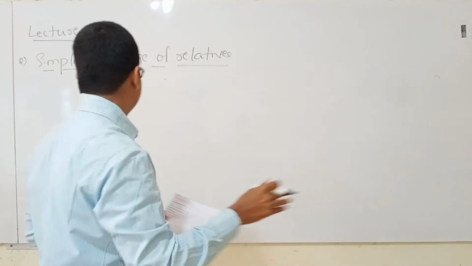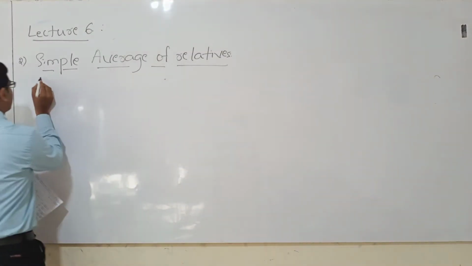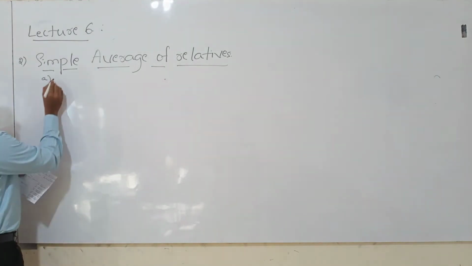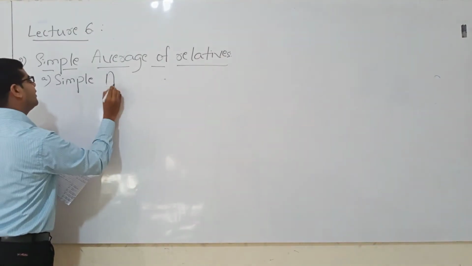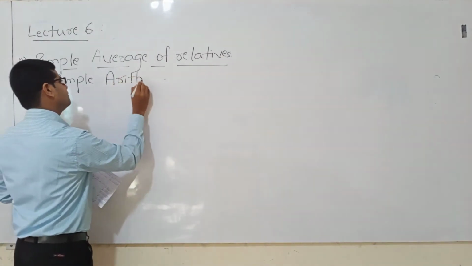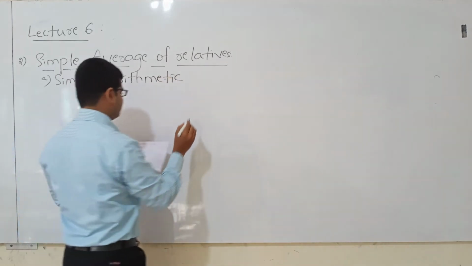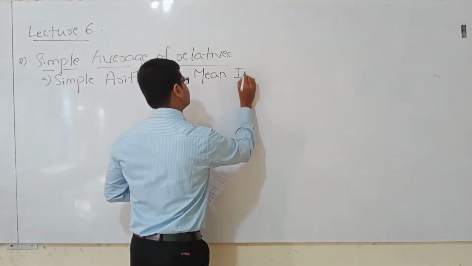Under this method we have two different formulas. I take first as A, that is the simple arithmetic mean index.